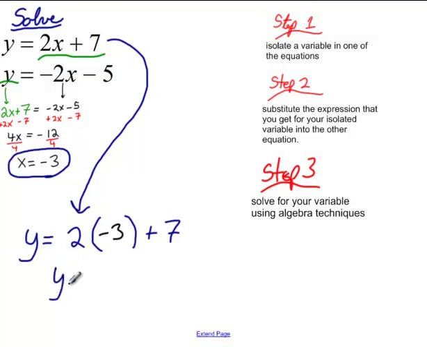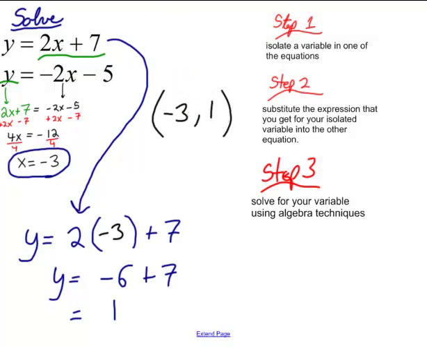That gives me y is equal to -6 plus 7. So my y is equal to 1. I can write the solution in point form, and I get (-3, 1). So x is equal to -3 and y is equal to 1.